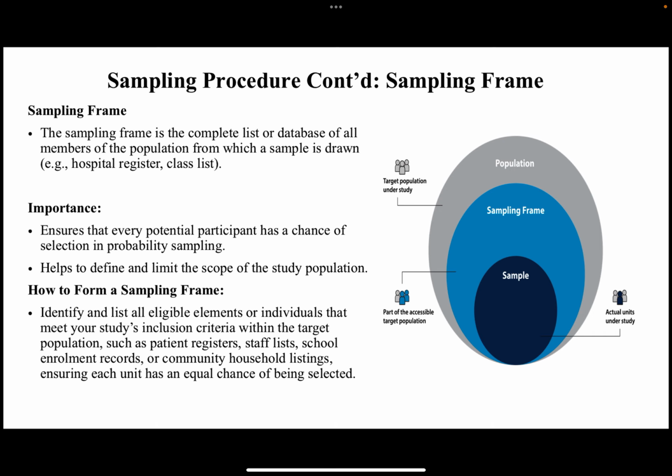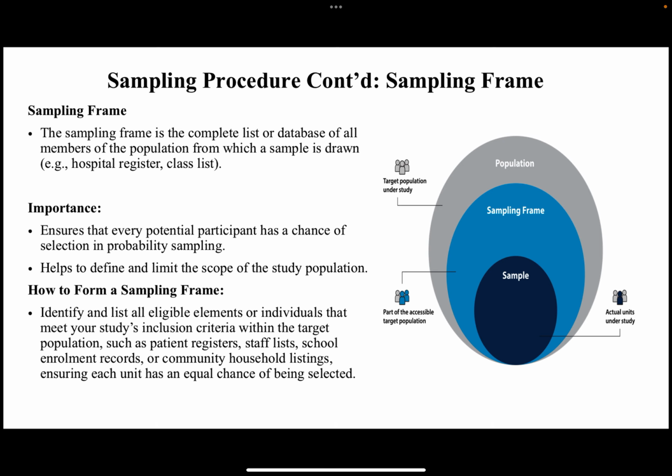For example, you want to do a study among patients visiting the antenatal clinic of a hospital. Now the antenatal clinic register is a sampling frame. Why? Because it contains a complete list or the database of all the members of the population.